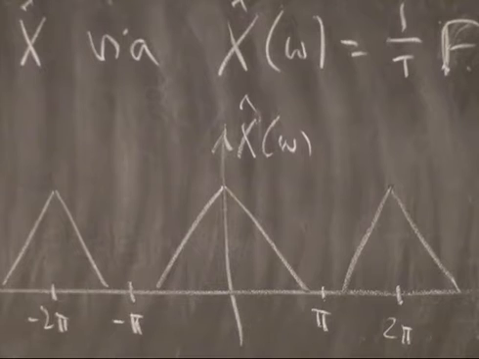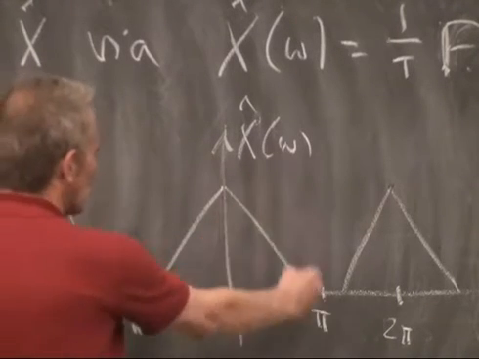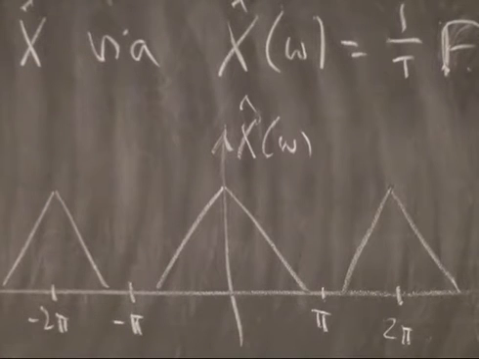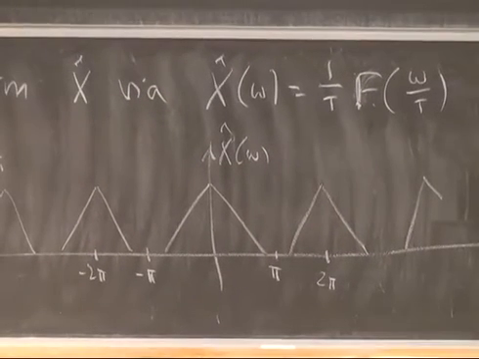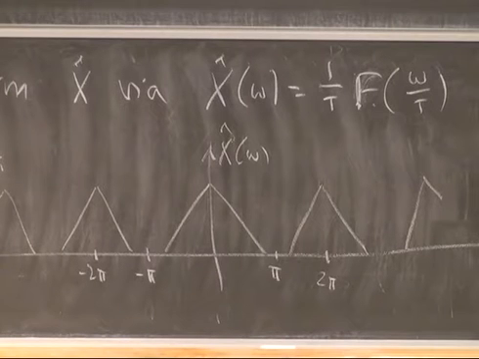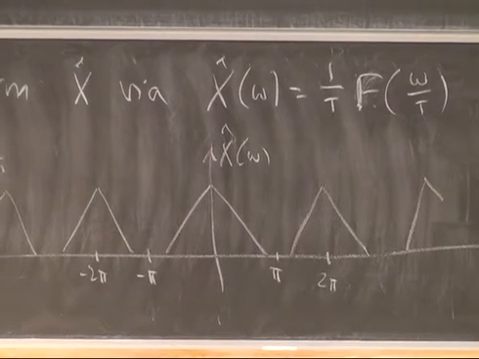Now let's look at what happens in this no aliasing case. If you just look at the interval from minus pi to pi, the DTFT of x, the discrete time signal, looks just like a scaled version, scaled in both frequency and amplitude, of the continuous time Fourier transform x c hat.